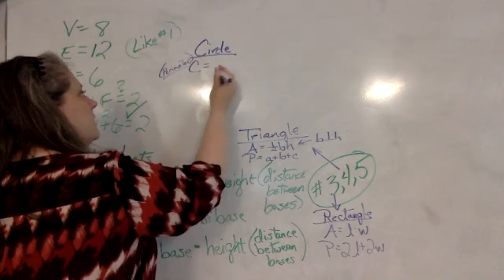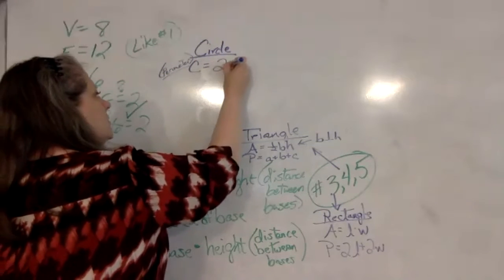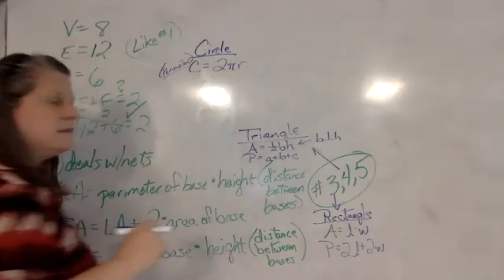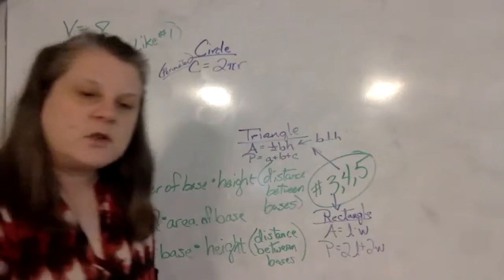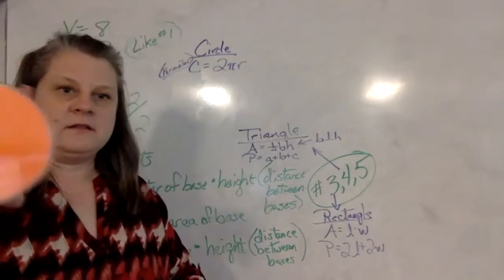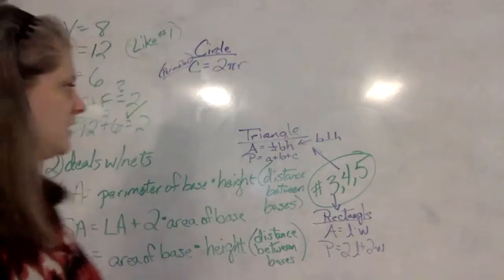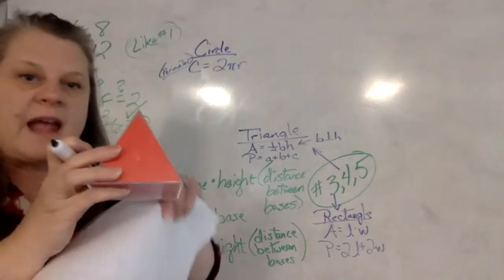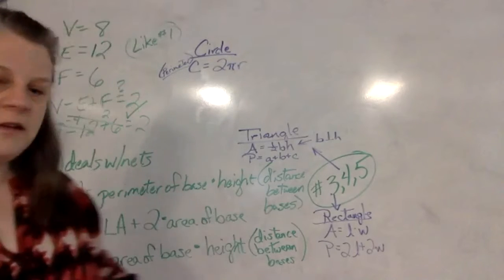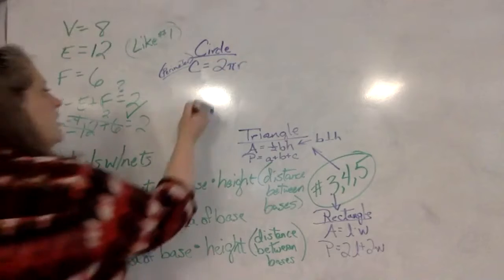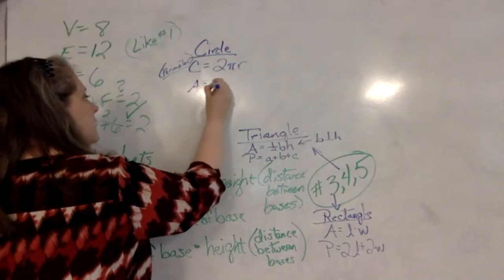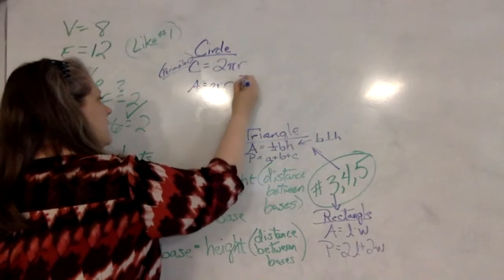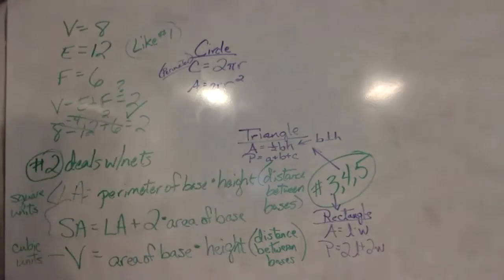The circumference is 2 times pi times the radius. So that's the distance around the base. That's your perimeter. Just like on the triangle one, I said to find the distance around the base, you add the 3 sides of the triangle together. Same concept. Your area for a circle is pi times the radius squared.